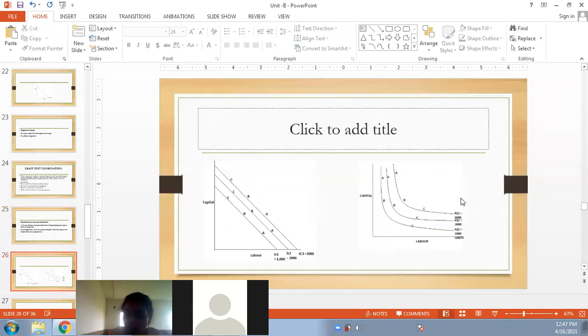By superimposing the isocost curve on the isoquant, we can identify or determine a least cost combination of output.